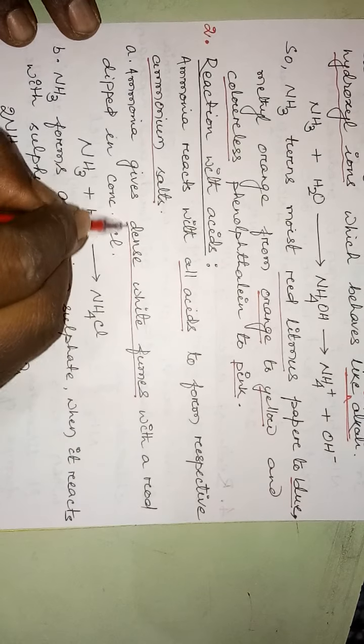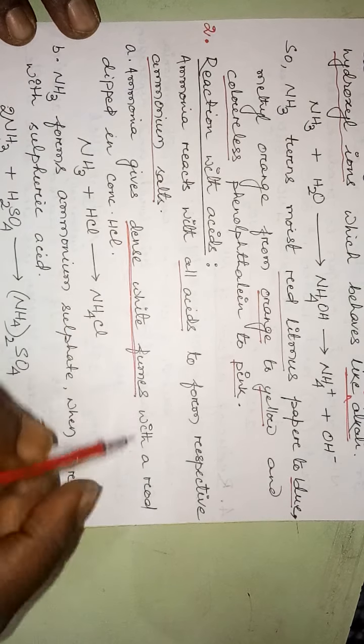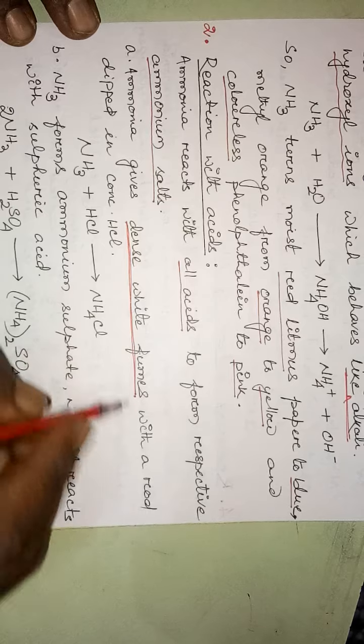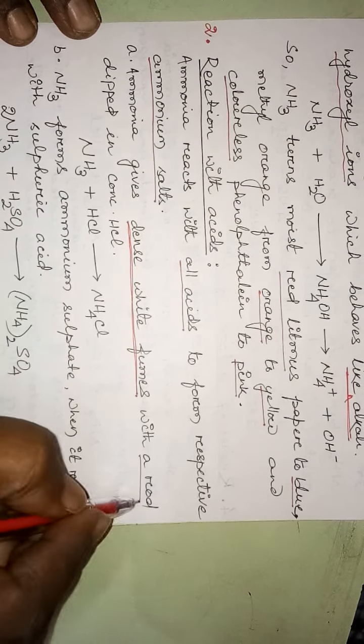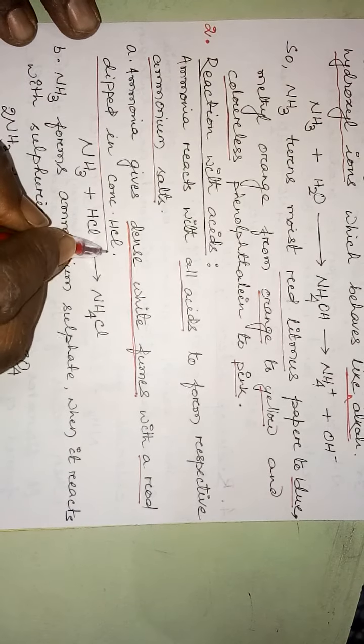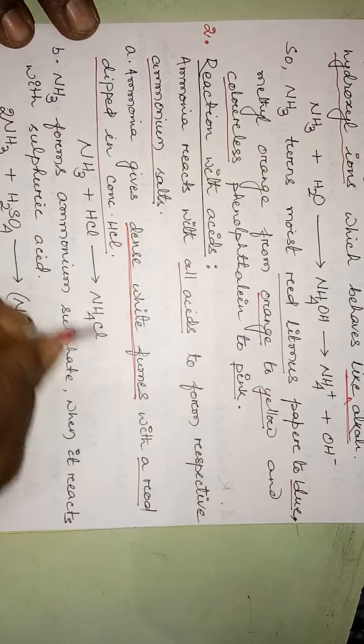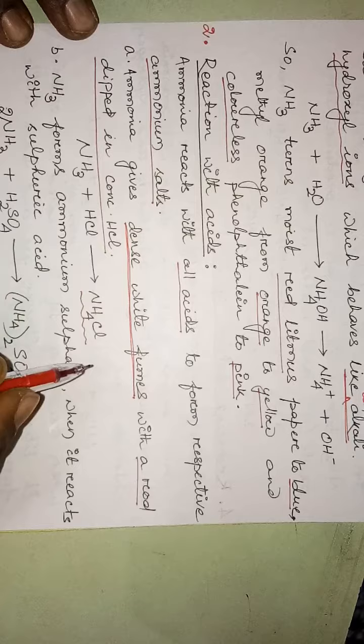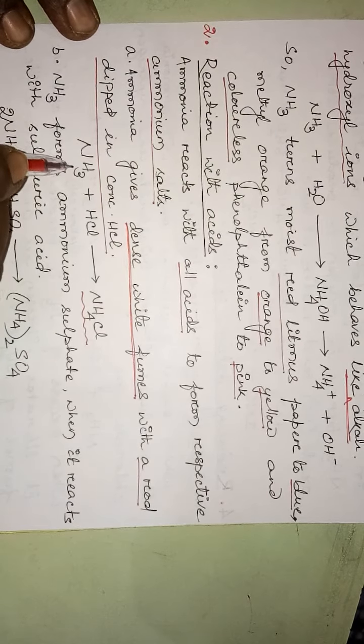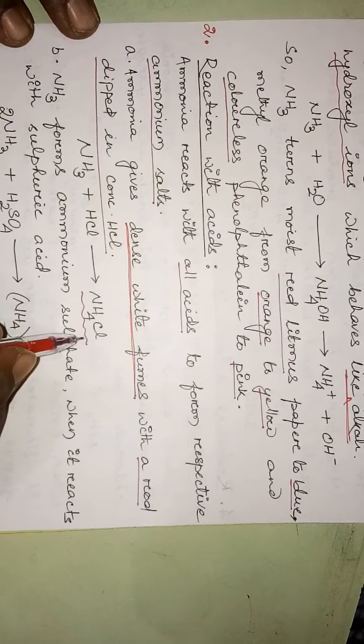When ammonia comes in contact with a rod dipped in concentrated HCl, it produces dense white fumes, which are ammonium chloride. So the reaction is ammonia plus HCl gives ammonium chloride.